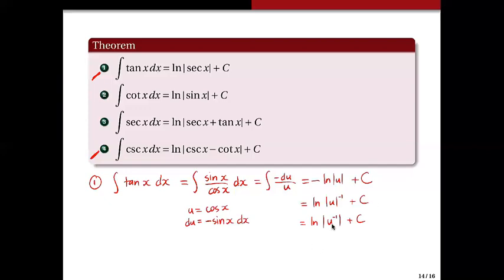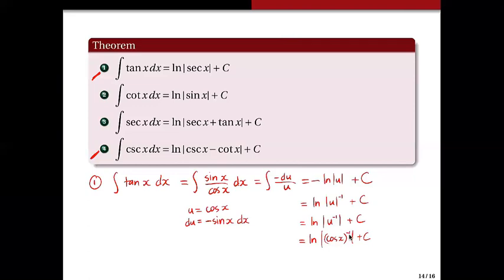And then you bring back u, that's just cosine x. This is ln absolute value of cosine x raised to negative 1 plus c, but cosine x raised to negative 1, that's your secant x. Take note, negative 1 here is an exponent.